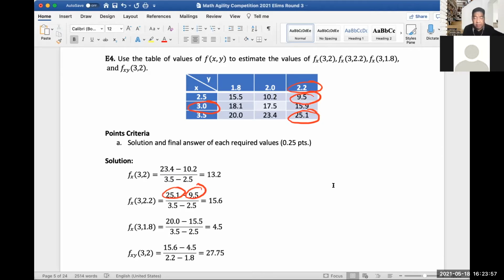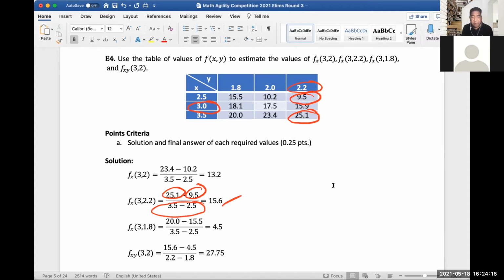And same thing as number 1, the x values in between would be 3.5 and 2.5 here. So once you solve it, you will get 15.6.